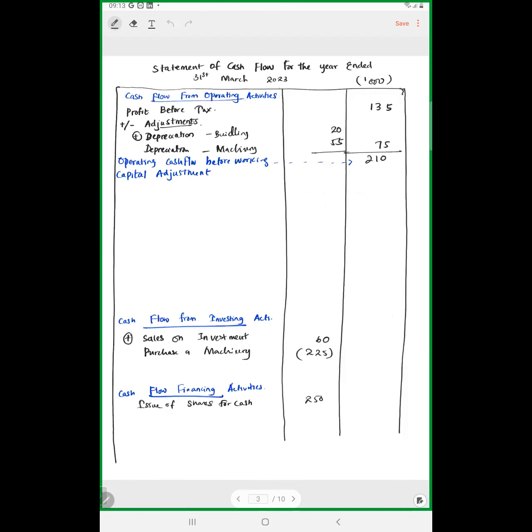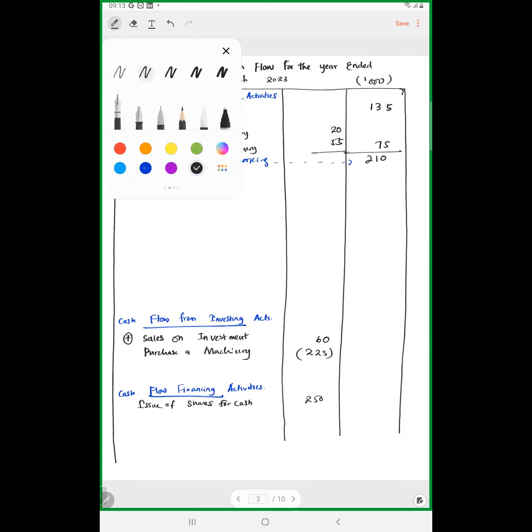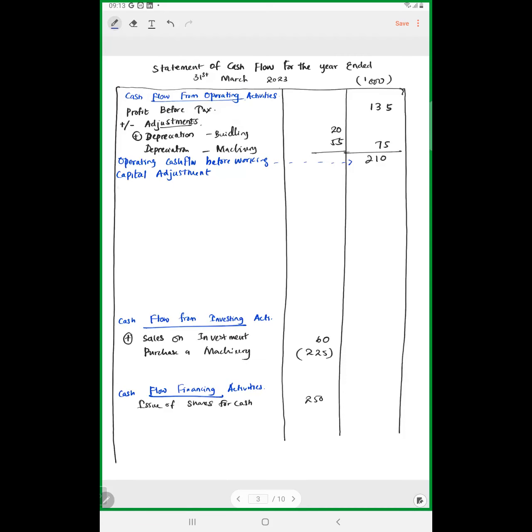Therefore, we can add the working capital changes or decrease in inventories. Working capital adjustment.